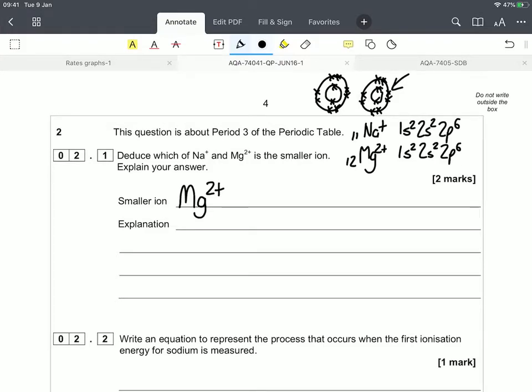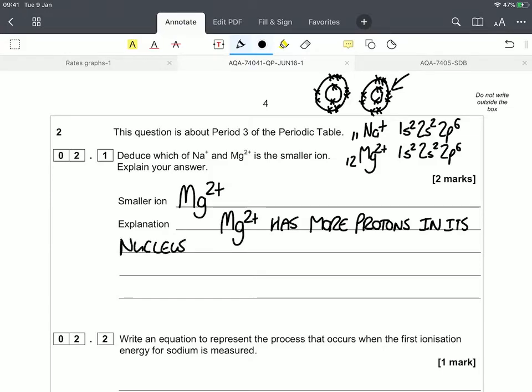So the explanation is to do with what we just said, right? Mg2+ has more protons in its nucleus. And I've not looked at the mark scheme for this, by the way, but I'm assuming that we'll cover all the bases.